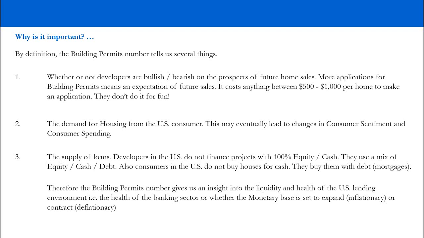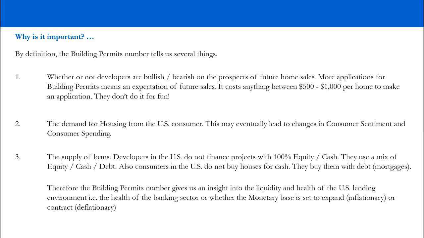So for example, if building permits is very high, then it means that US consumers are actually looking at purchasing homes in the future. Otherwise, developers would not be making the applications, and this will drip down into consumer sentiment and consumer spending.